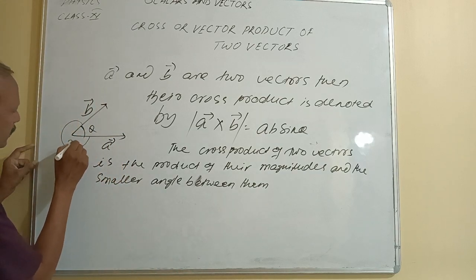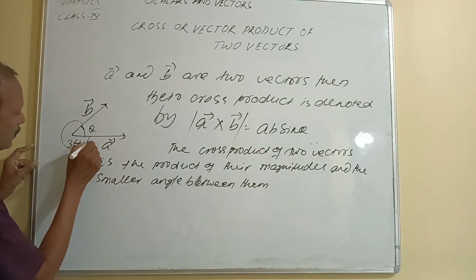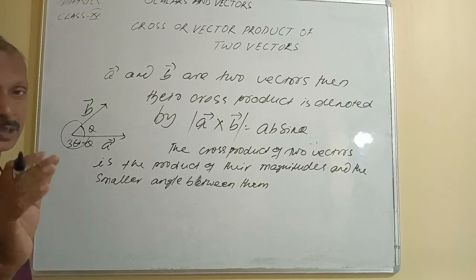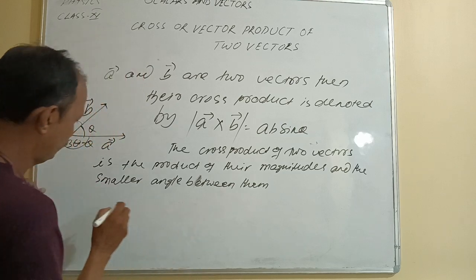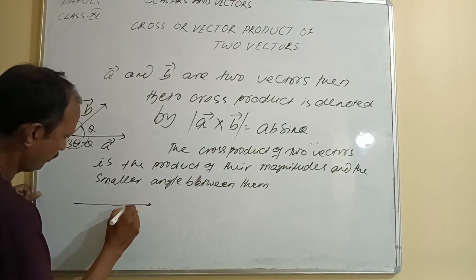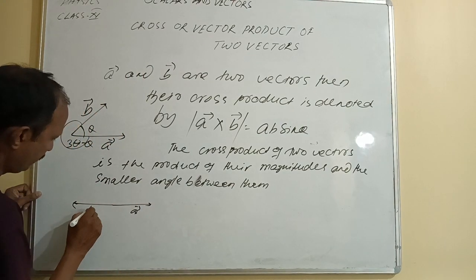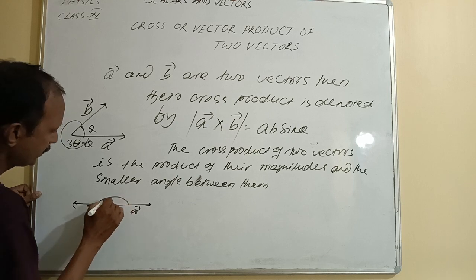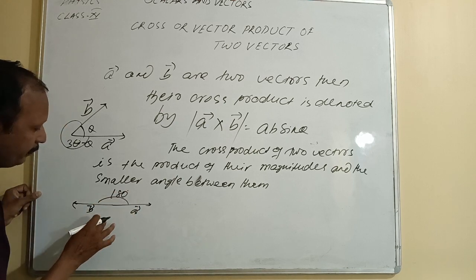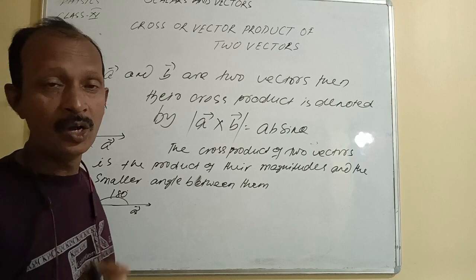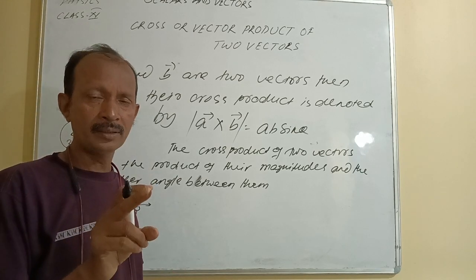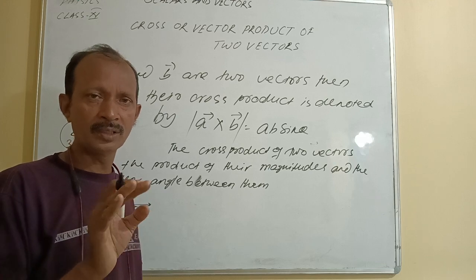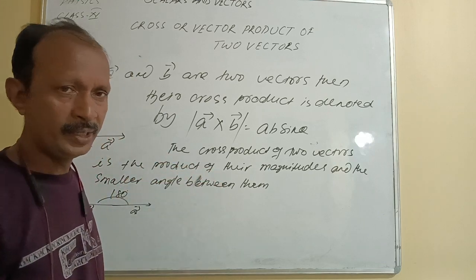This angle is 360 minus theta. Unless both angles are 180 degrees. This may be the case. Suppose this is the vector A, this is the vector B. In this case, the angle is 180 degrees. Both angles are 180 degrees. Unless both angles are 180 degrees, definitely one angle will be smaller than 180 degrees, one angle will be greater than 180 degrees.